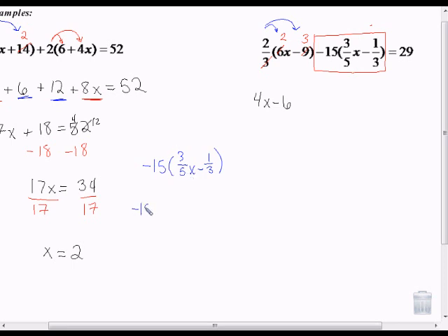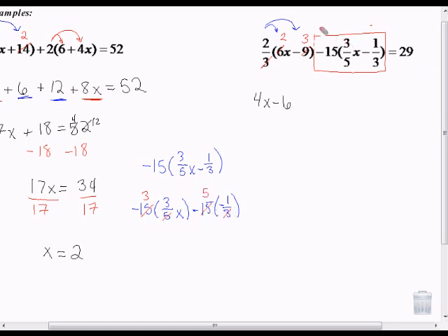Because if I distribute the negative 15 in, it's essentially this. And if you need to write this step out, do. So when I multiply 15, 5 goes into 15 3 times. 3 goes into 15 5 times.